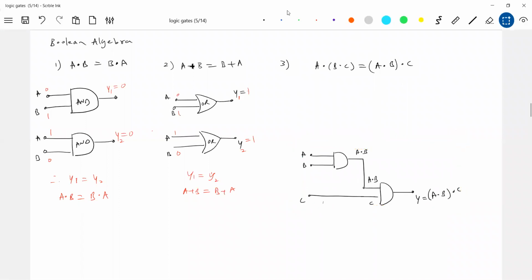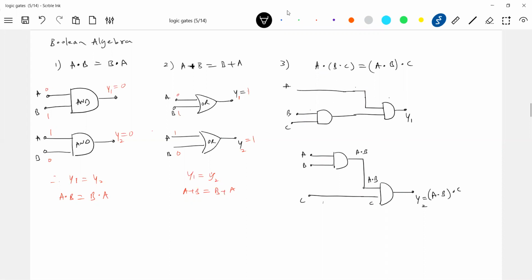Okay, for LHS I'll draw the circuit. So this will be A. Y1, Y2 I will write.